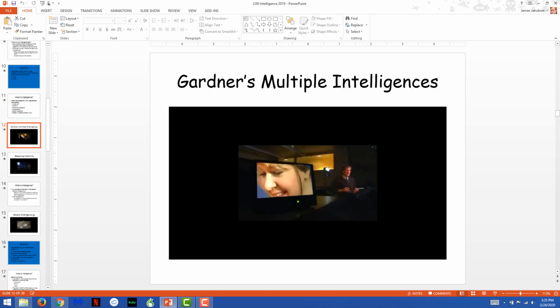Now, so far we've been talking about intelligence as one primary overarching functional process. But that process has actually run into many problems over the years. And in fact, one of the alternate ways to view intelligence is to break it up into multiple units, in fact, to refer to intelligence as being related to multiple components.